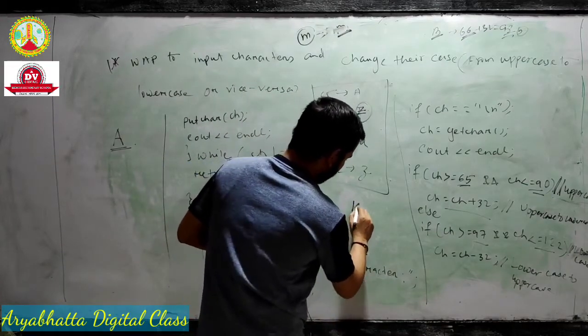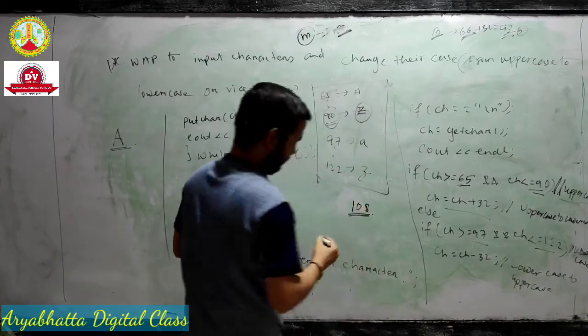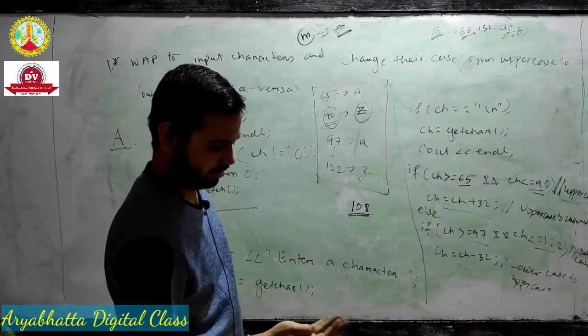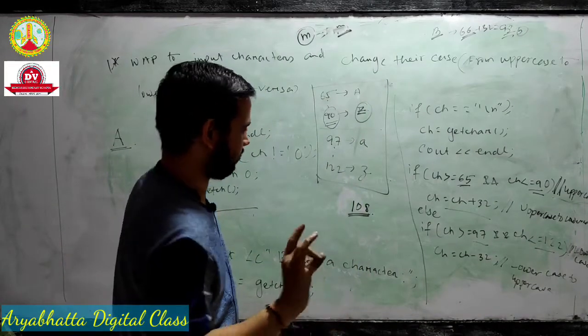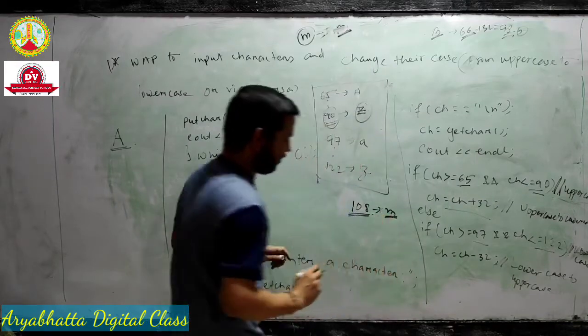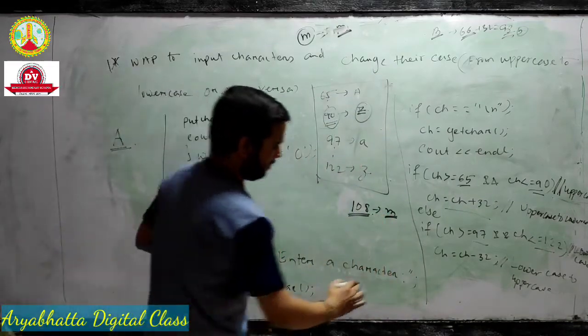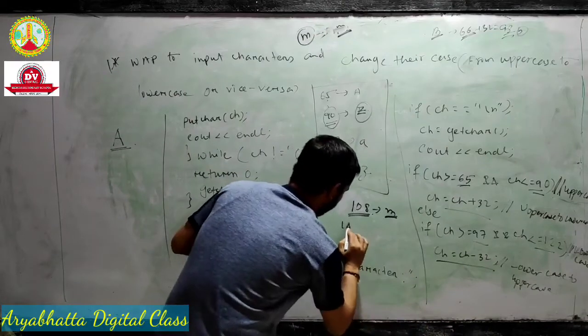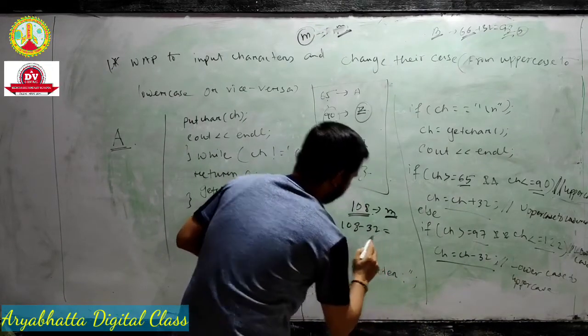Counting again B, C, D, E, F, G, H, I, J, K, L, M, small m comes to 108. Then you have to perform this operation: 108 minus 32.